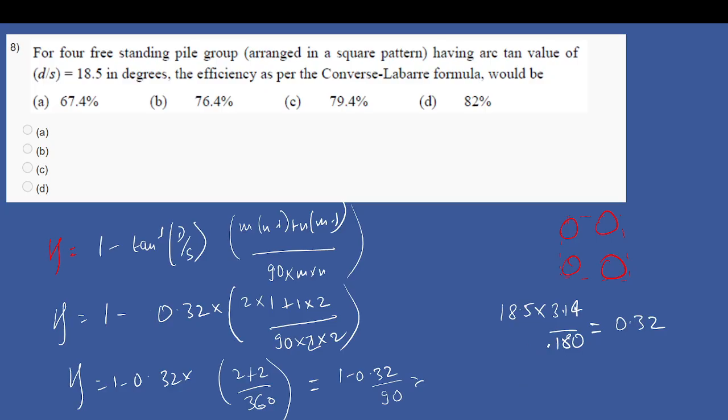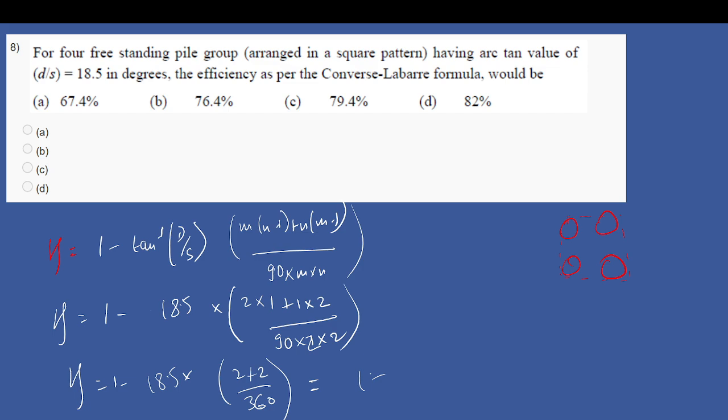Yeah, but I guess here this tan inverse value we need to put it in the degrees only. Sir, I also get the same answer. Once again I recalculated it, but still I get the same answer. Minus 18.5.